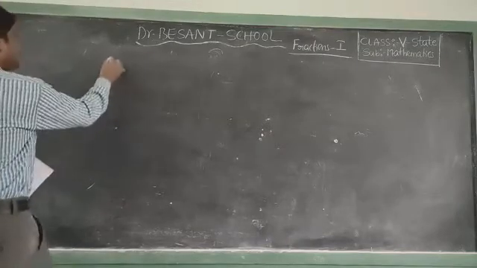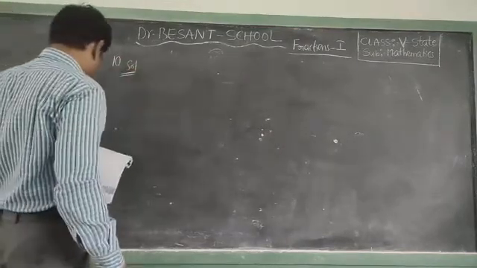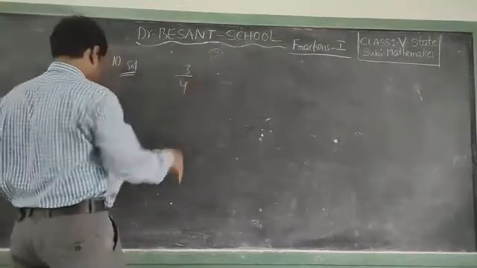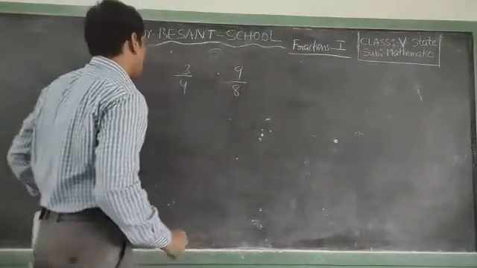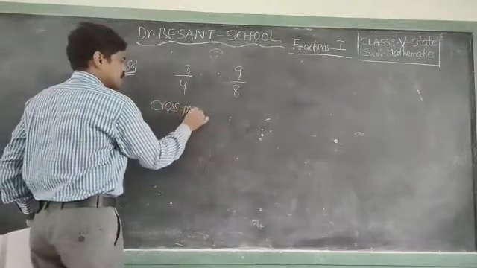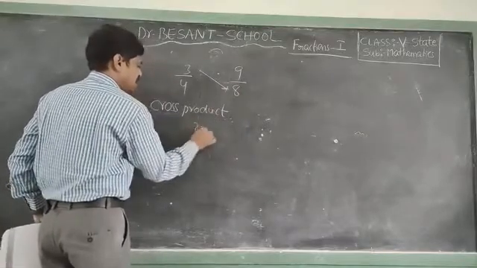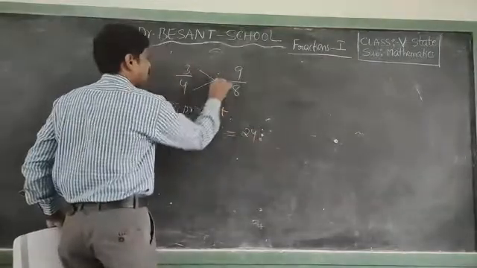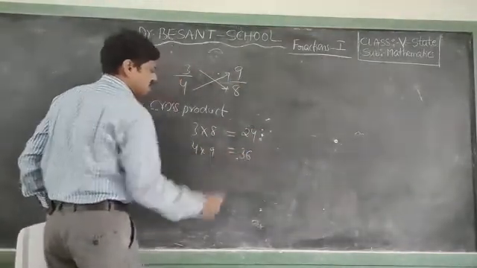See, tenth one, 3 by 4 and 9 by 8. So first of all, we have to find out cross product. Three into 8, 24. 4 into 9, 36.